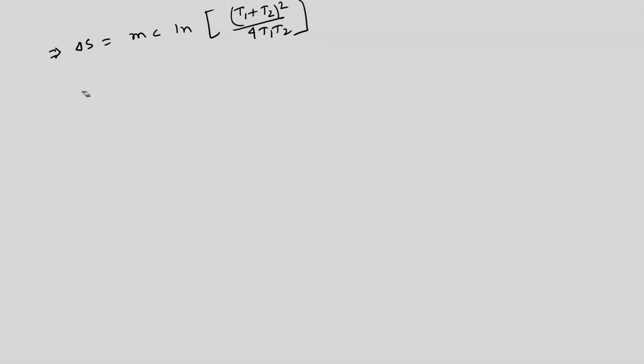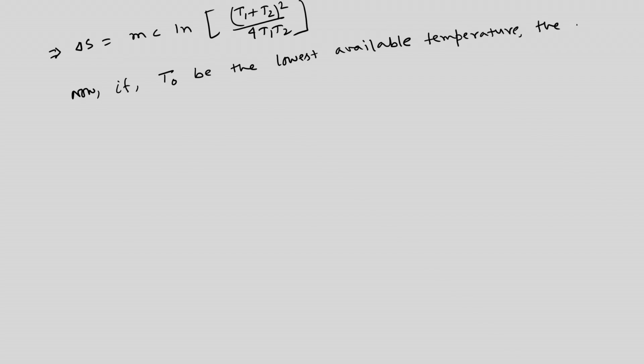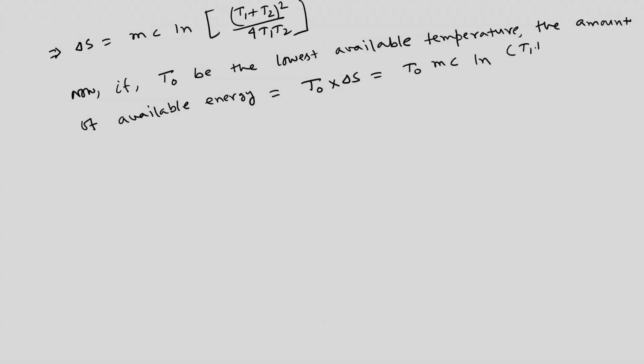Now, if T0 be the lowest available temperature, the amount of available energy is T naught times delta S. So, you get T naught times mC ln ((T1 plus T2) squared by 4 times T1 times T2). So, this is the answer.